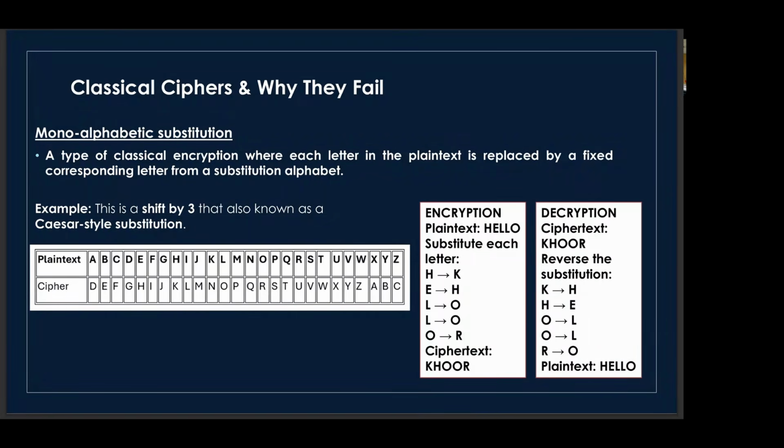Okay, this is the concept of classical cipher, and then why they fail. In classical cipher, they use this technique: replacement. For example, a letter in the plain text is replaced by a fixed corresponding letter from a substitution alphabet.